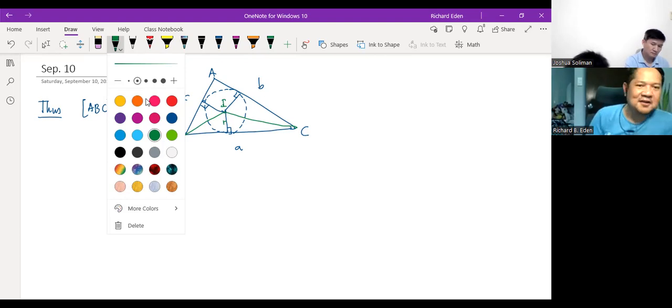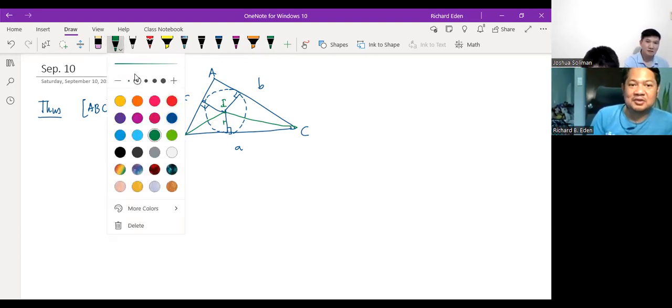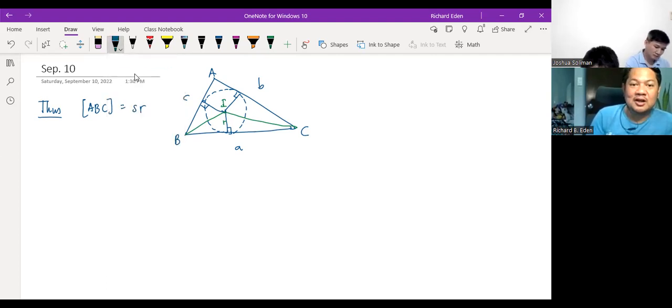Ito naman. Itong next theorem, I'm gonna write down the statement, tapos let's try to work out the argument behind it. So theorem.